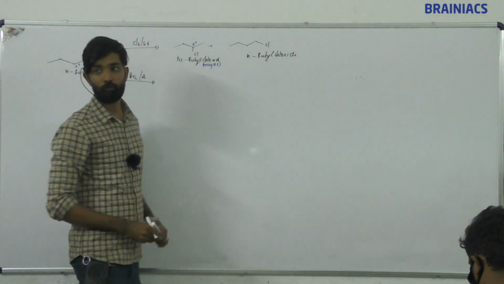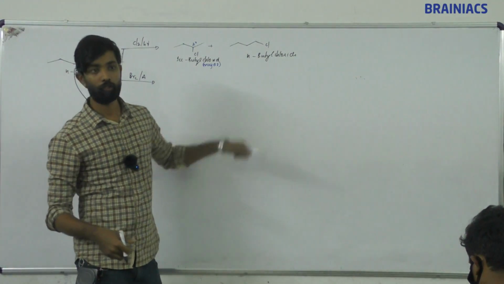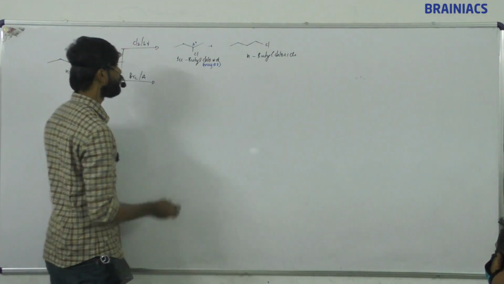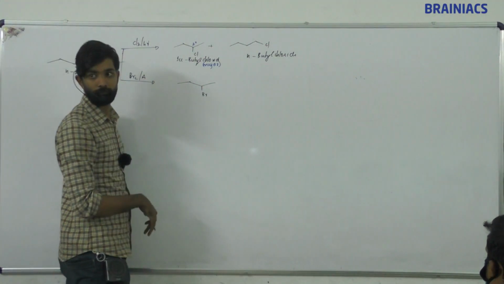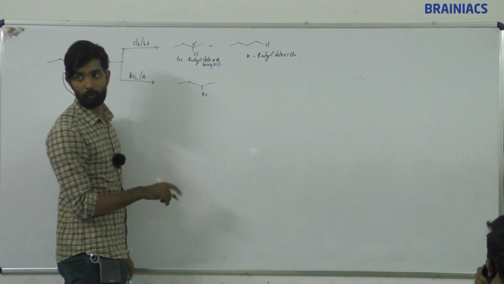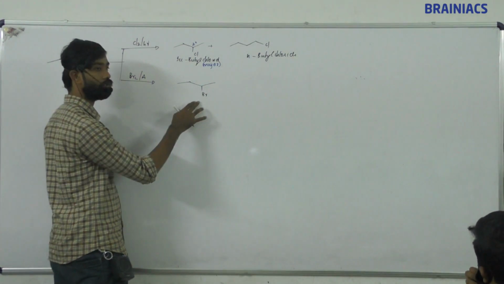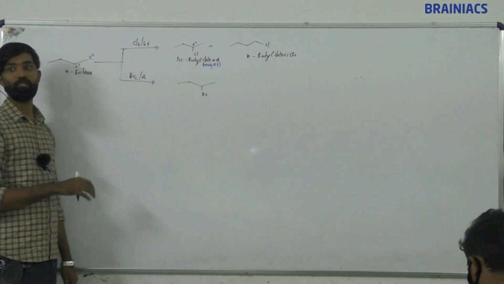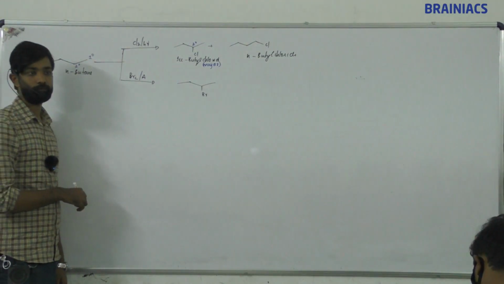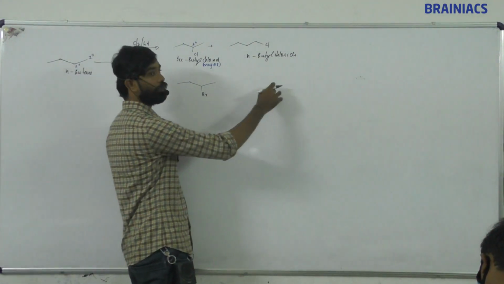But there is a chance for formation of the minor also in chlorination. In bromination, sec-butyl bromide is 99%, because bromination is much more selective, not the minor product.